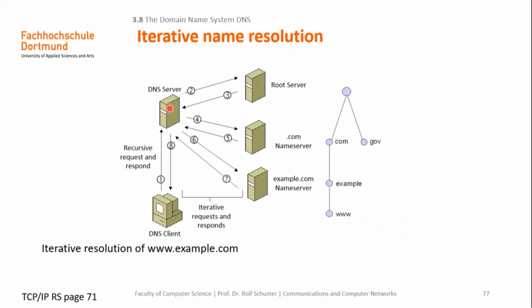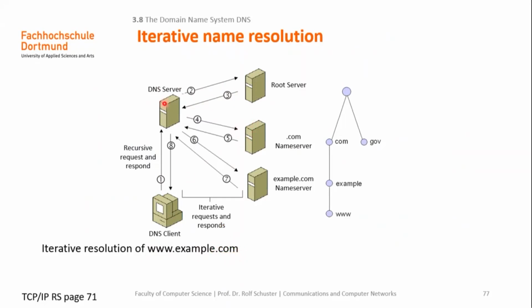Then the local DNS server will ask the root server for that information. The root server simply responds with the name and the address of the server that has authority over the zone .com.